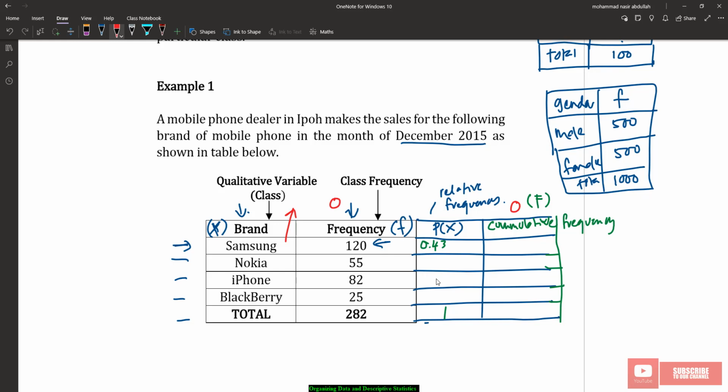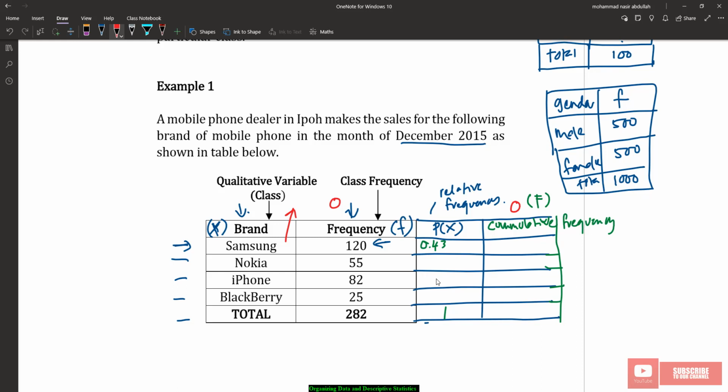So cumulative frequency is defined as the cumulative frequency before the class plus the frequency of the respective class.